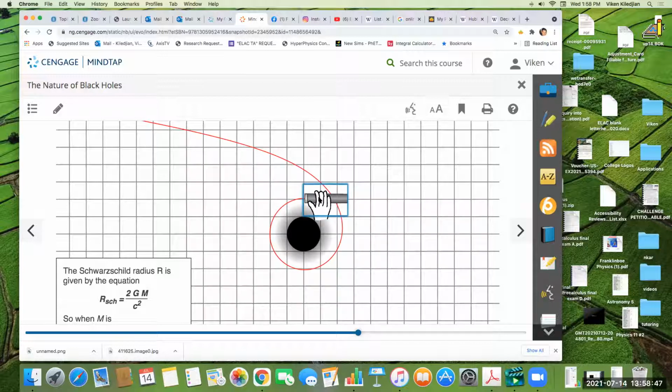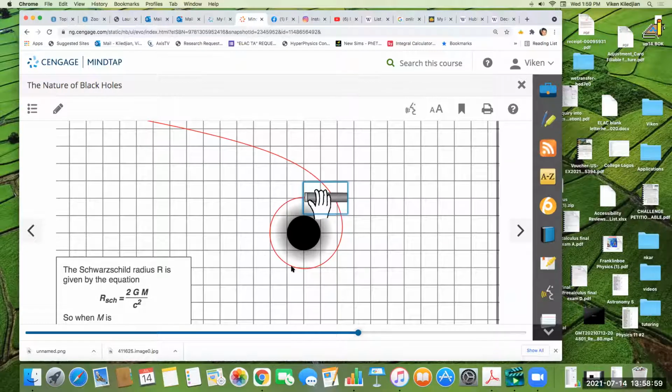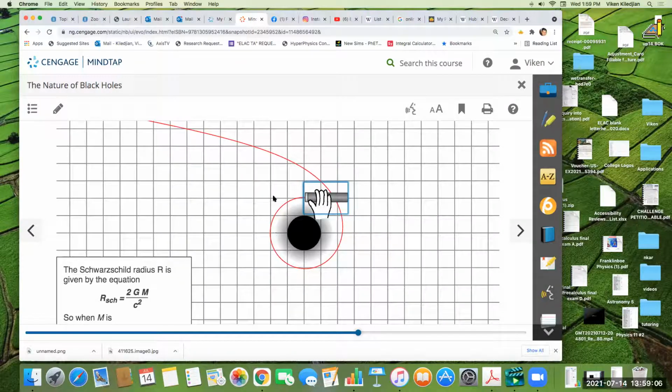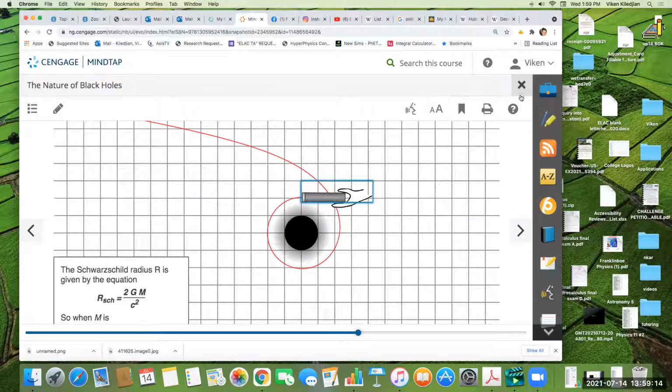So then you take a picture of that showing that you got the photon radius to be about 1.5 times the Schwarzschild radius, which means a beam of light by definition would neither escape the black hole, neither would it fall into the black hole. It would be in a safe zone. So then you could take a snapshot of that. If it doesn't work, it doesn't work. It's tough.